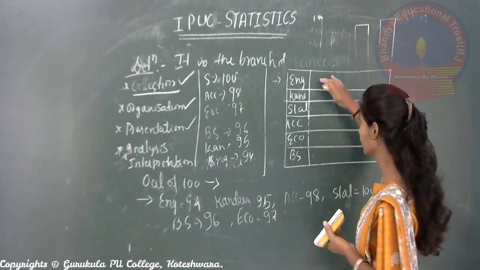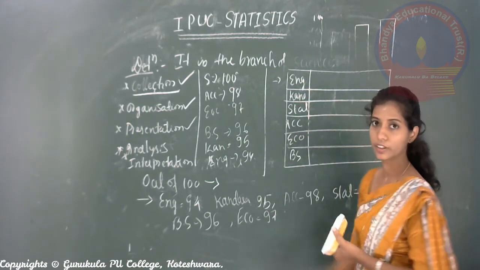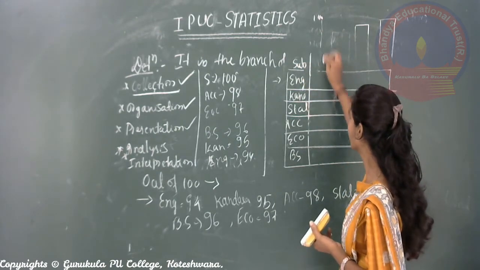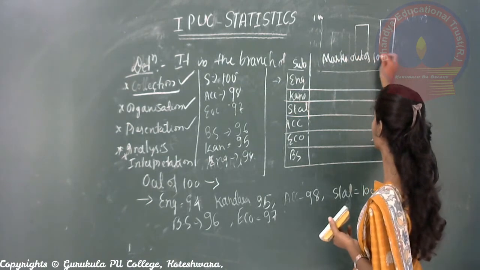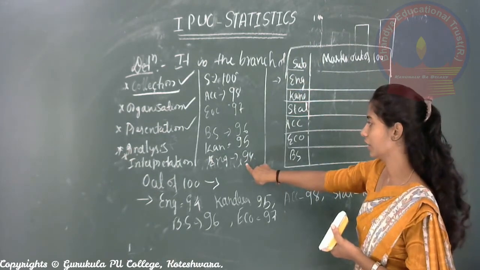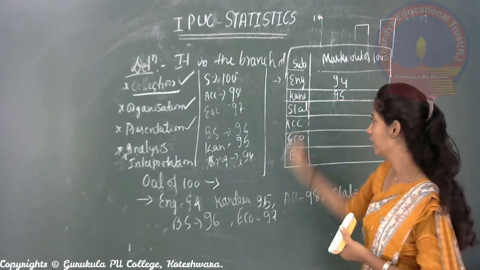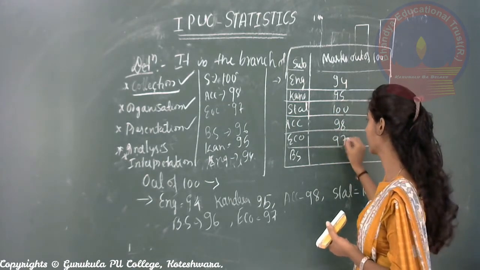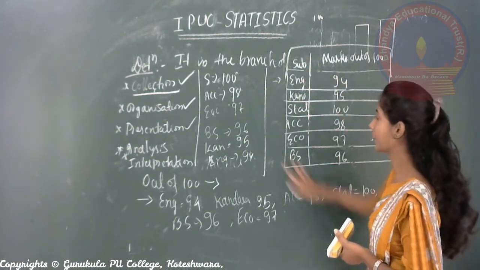There are 6 rows and 2 columns: subject, and marks out of 100 for each subject. In English he got 94, in Kannada 95, in stats 100, in accountancy 98, then 97 and 96 respectively. This is the presentation.